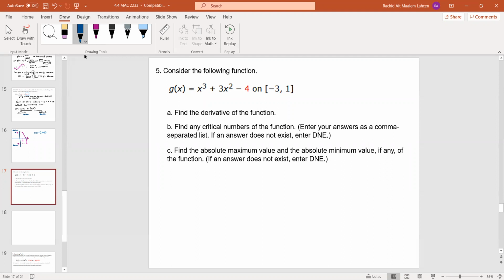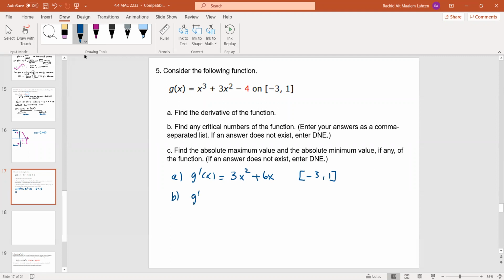So as you see, the first derivative here, when you do each one, you get 3x squared with the power rule plus 6x. And of course, we want it over this.